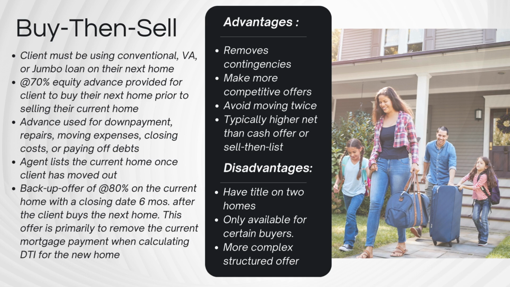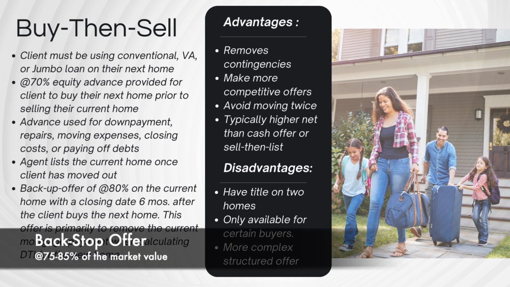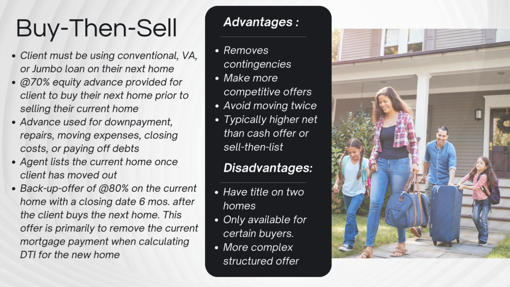These companies will come in and they're going to put an offer on the home your client is selling. And that offer is going to range from 75 to 85% of value. I call that the backstop offer. So basically, they're going to write an all-cash offer on your $1 million house for $800,000. That cash offer is going to close 6 months after you've moved into your new house.